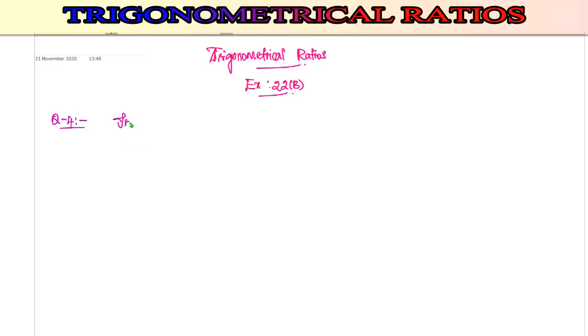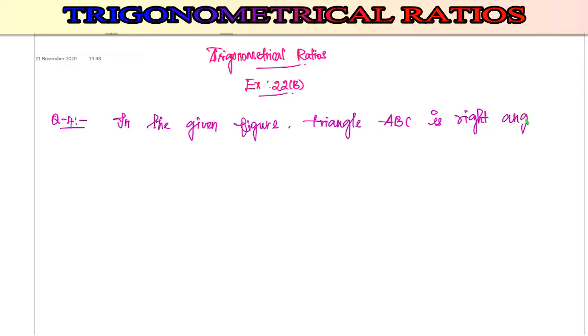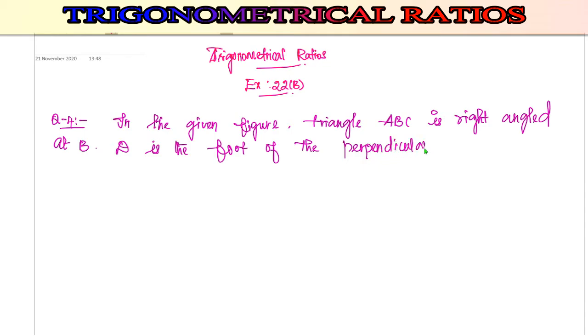In the given figure, triangle ABC is right angled at B. D is the foot of the perpendicular from B to AC.